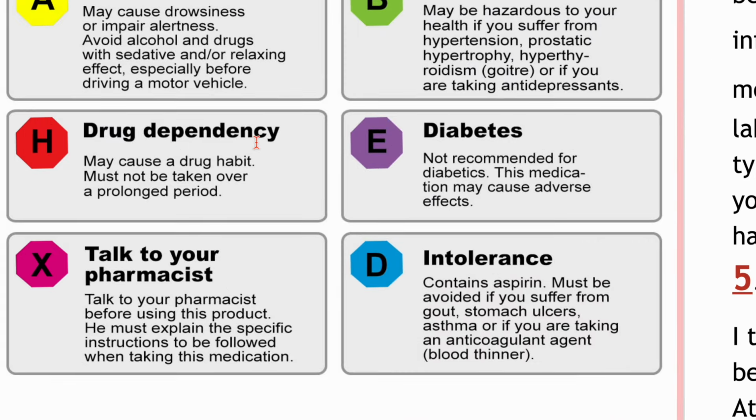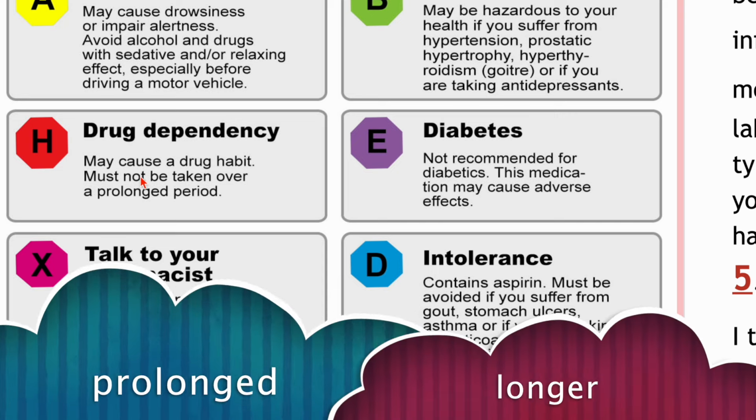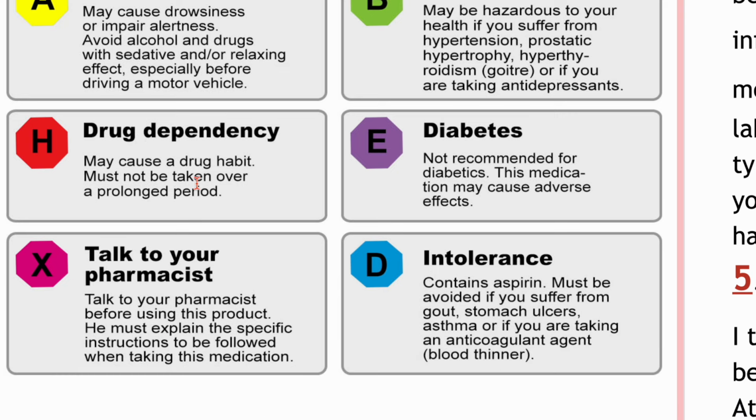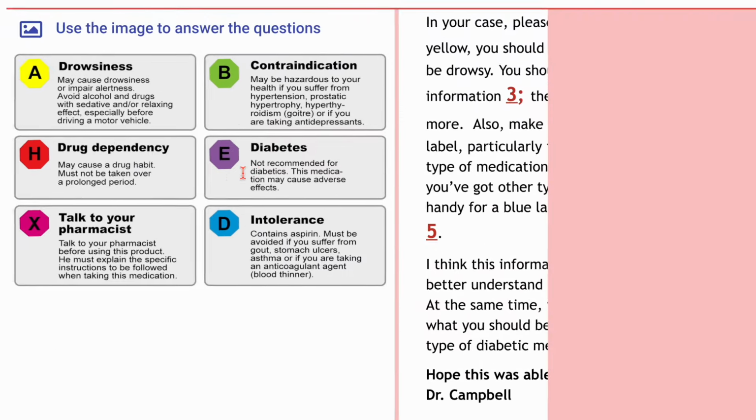Drug dependency may cause a drug habit, must not be taken over a prolonged period. Over a long period, you should not take it over a long period. Drug dependency, you can become addicted. That can happen with medication. Okay, or dependent on it.